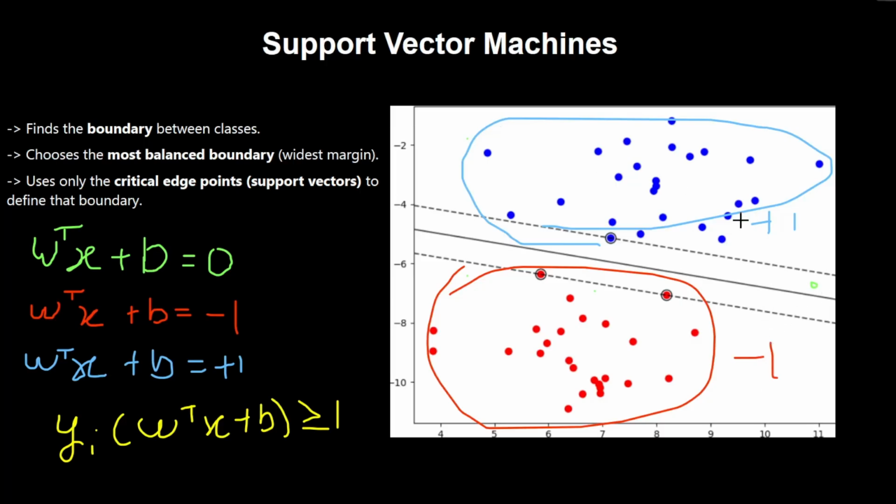And this line here, all the data points on this line will be +1, and the data points above this line will be positive values. And similarly here, we have this dotted line. At this line, the value will correspond to -1, and beyond this there will be negative values.